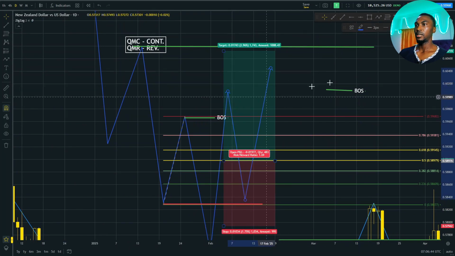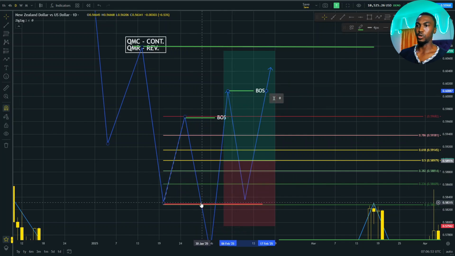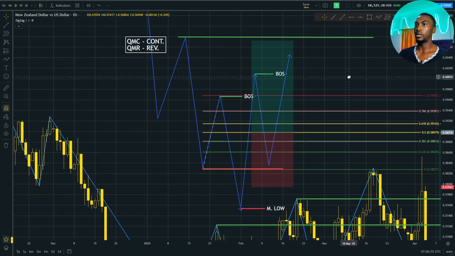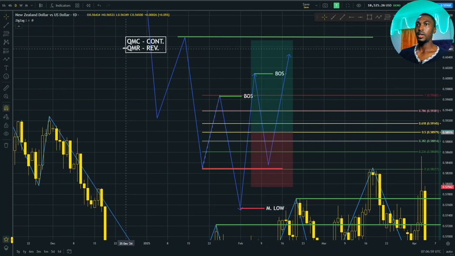Now, this shows that there is a continuation, right? Continuation is that price does the exact same thing again, but this time it doesn't take out this low. So it moves down and goes up and takes out this high instead. So this is now a continuation. So this is now a QMC.